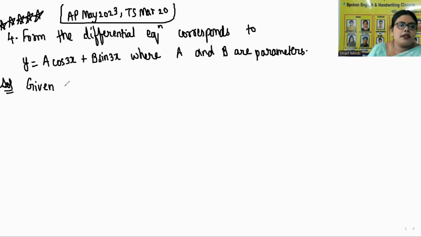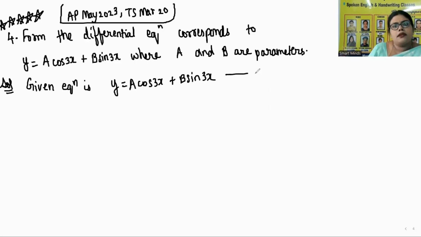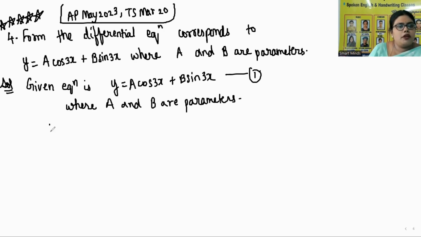First we will write the given equation. The given equation is y = a cos 3x + b sin 3x. Let's take this as equation number 1, where a and b are parameters. Parameters means constants. Now we will differentiate equation number 1 with respect to x on both sides.